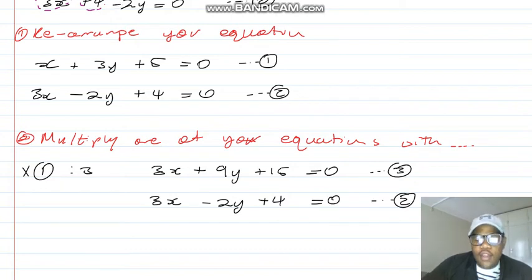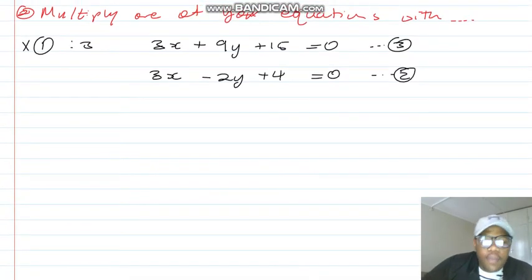You haven't changed it. So now you're going to subtract the equations. If you want, you can add; there are situations where you have to add them, but in this case you're going to subtract the equations so that you can eliminate one variable.